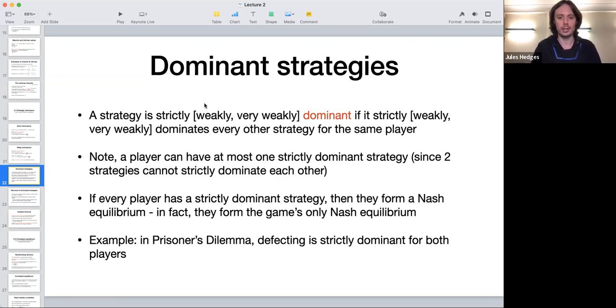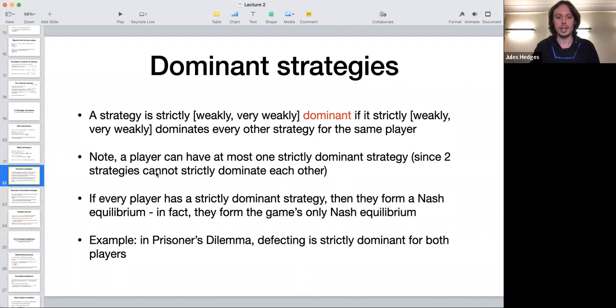We can also define weakly dominant and very weakly dominant strategies as well. A thing to notice is that a player can have at most one strictly dominant strategy, because you can never have two strategies that strictly dominate each other. Whereas for weakly and very weakly dominant strategies, this can happen.